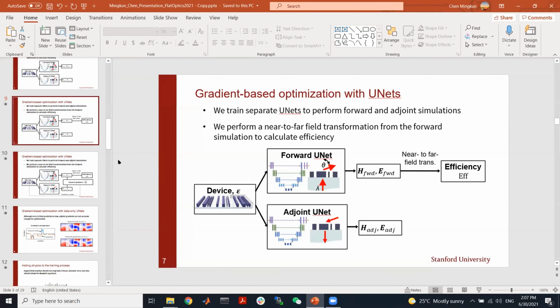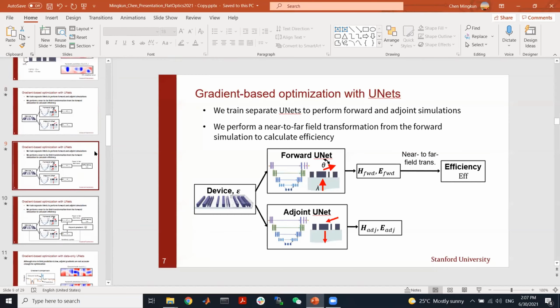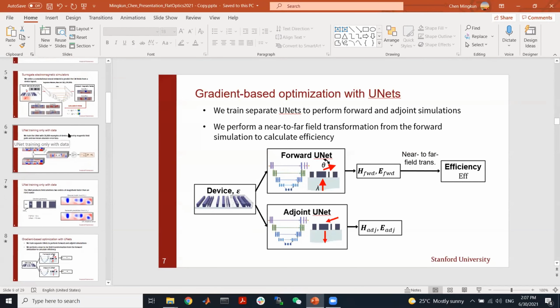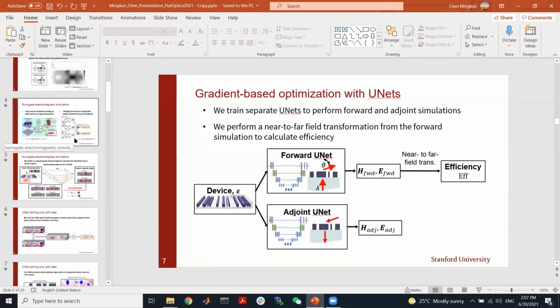We've also seen from Mingkun's study that he used it for 3D structures, and that works very well for his case. So I believe, with the current network capacity, we're able to fit freeform 3D structures.